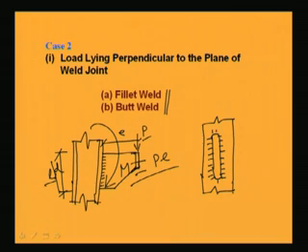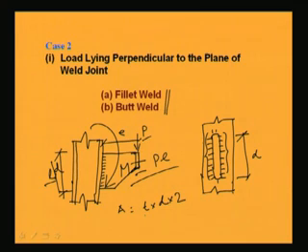How do we calculate? What will be the area of the weld? Area of the weld will be, if this is D, and the throat thickness of the weld is T, then I can say T into D into 2, because on this side also and on this side also welding is done. So, 2 into D will be made.